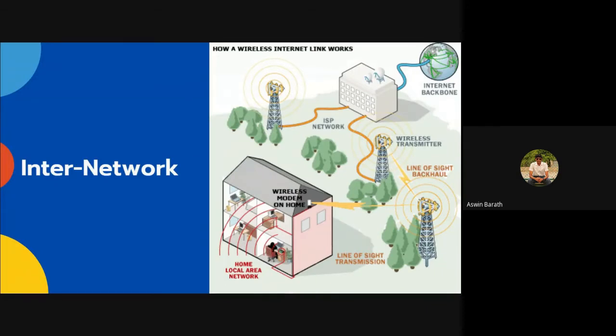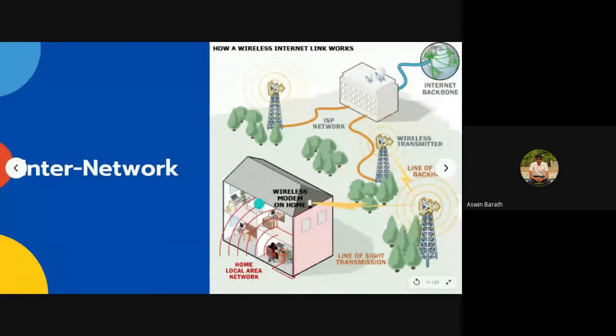What we have here in this picture is our home, where we have a modem, right? We use either SIM cards or modems or routers in our home so that we can connect to the internet. What happens behind the screen is we connect with the cell towers that are nearby. Have anyone seen cell towers nearby their locality? Yes.